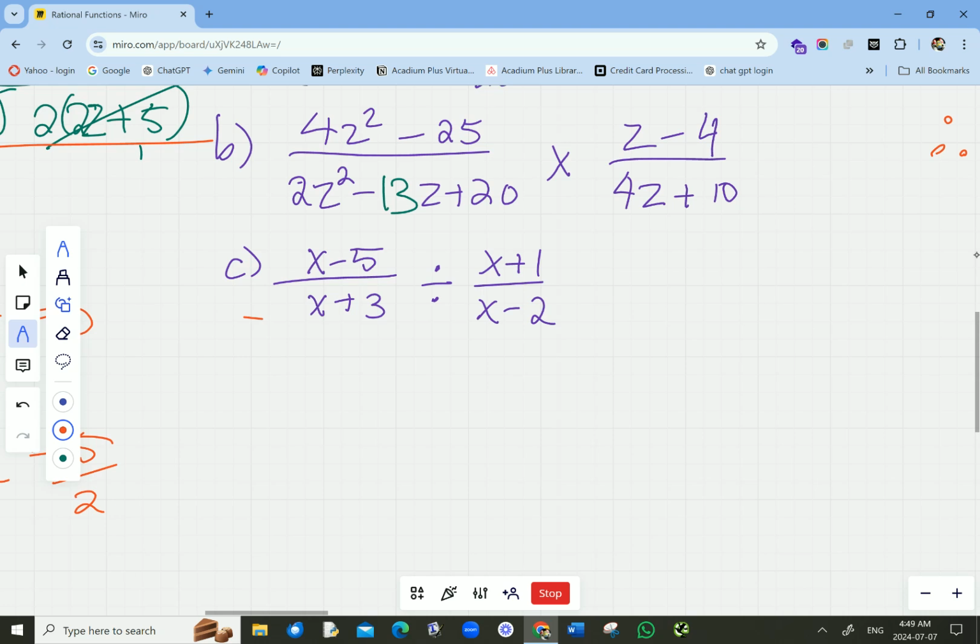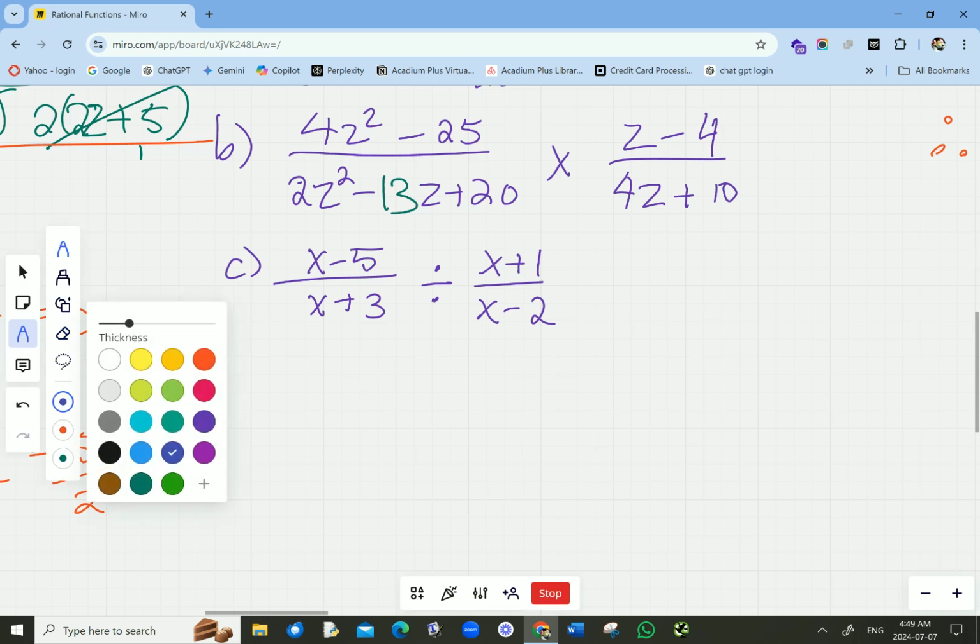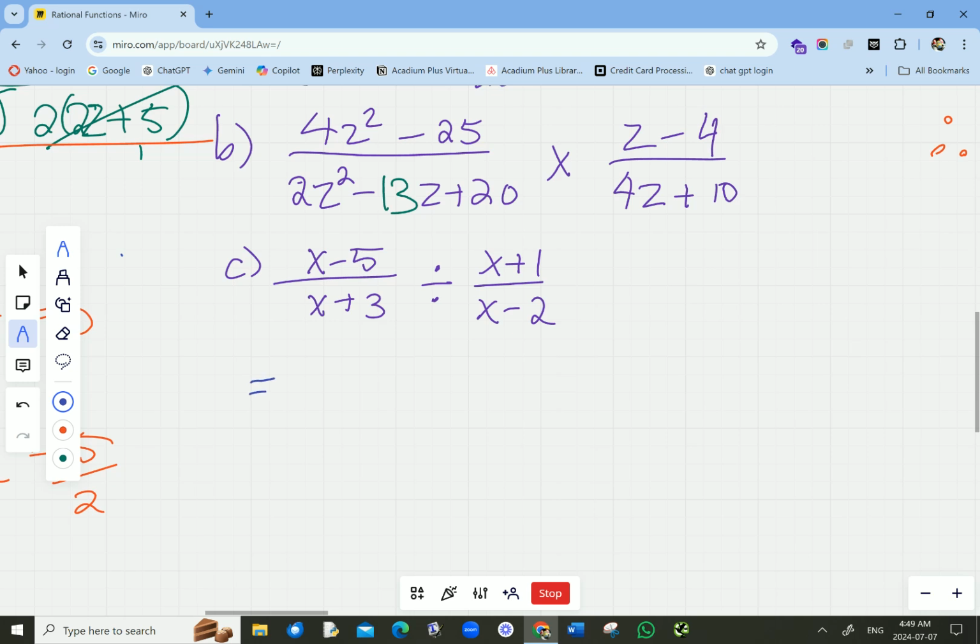All right, so one more. So this one's a division. Good, something different. So we have x minus 5 over x plus 3 divided by x plus 1 over x minus 2. So remember, with division of fractions, the division of fractions is actually a multiplication, but the first term, yes, I'm trying to remember the name.